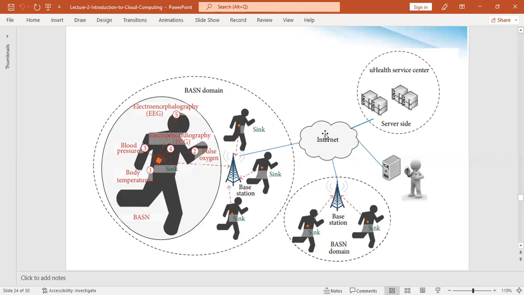They will be connected through some gateway to the internet, and through the internet to a service center, or some sort of cloud, and from the cloud the data will be pushed towards the doctor, or some other doctor who is monitoring all these services.